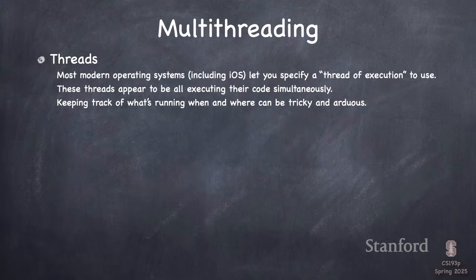Threads are complicated and tricky and difficult for programmers to understand because the effects of having 2 or 3 or 10 or 1,000 things all running at the same time are hard for us to get our head around. They might be working on the same data and changing it at different times, and some of the threads are running faster than others, and I just can't keep it in my head.